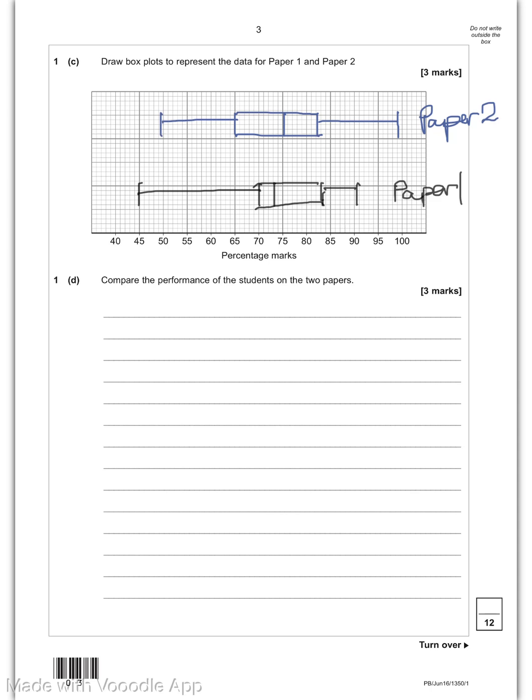So let's write something about the averages. So the median for paper 1 was 73. And these are percentages.